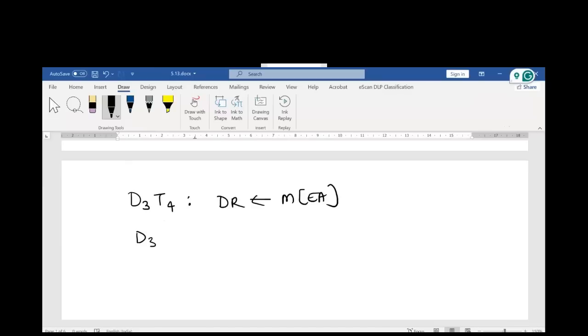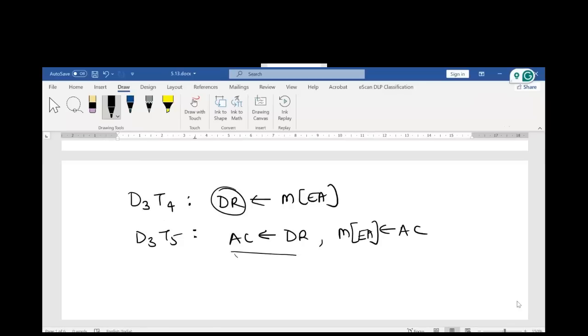D3, T5. So now you have it in DR. Whatever you have in DR, bring it to AC. And whatever was in AC, send it to memory. Again, both of these can be done at the same time. Why? Because this will take place through your ALU and this will take place through the bus.